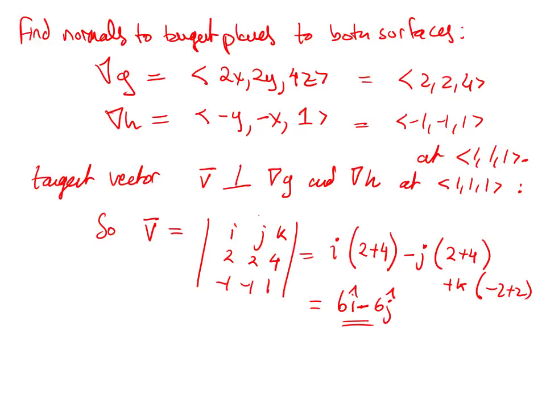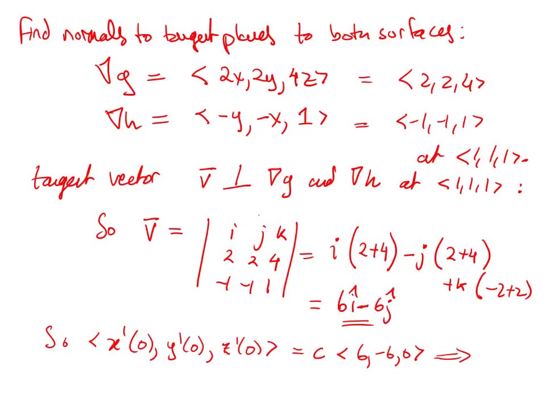And so what does that mean? If I have any parameterization of this curve, its velocity has to be parallel to this tangent vector. So it's equal to some constant times 6, minus 6, 0 at that point.